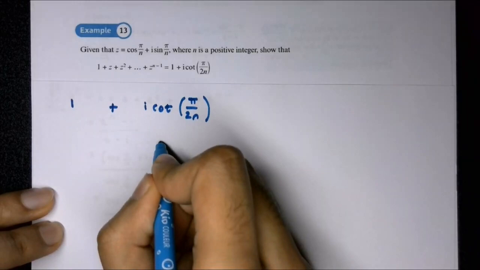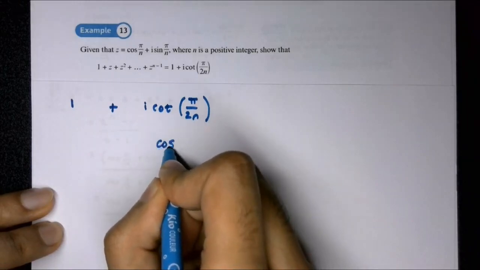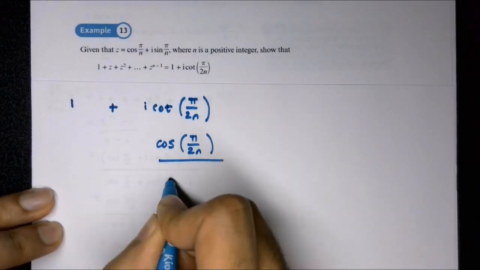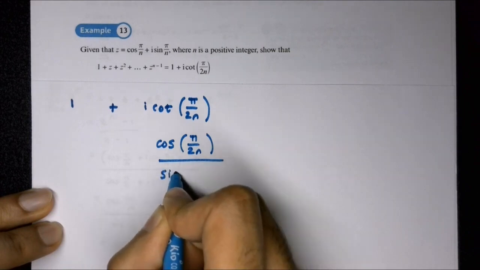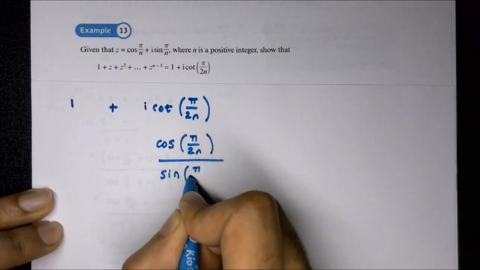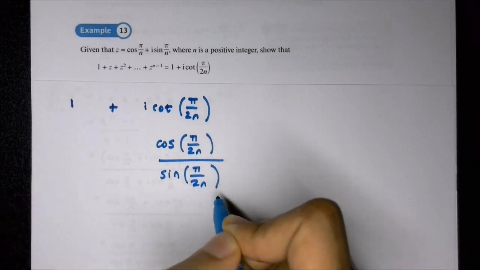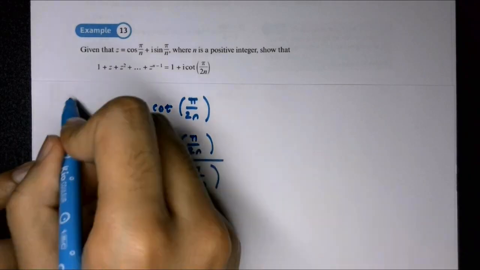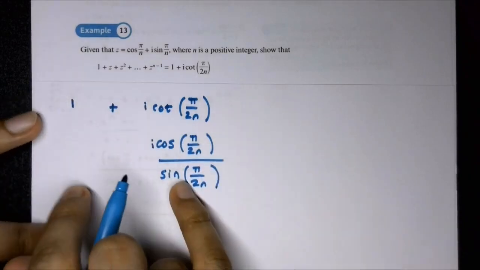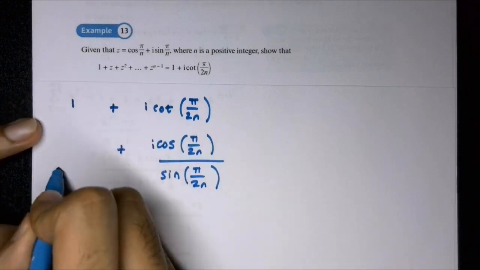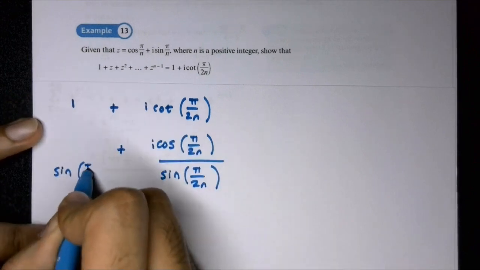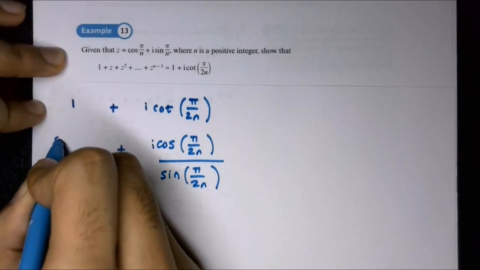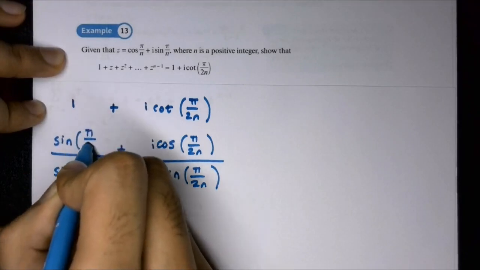So cot we're going to rewrite as cos of pi over 2n over the sine of pi over 2n. And don't forget, we still have the i over here. And we can rewrite the 1 so we've got the same denominator. So if we do that, on the bottom we've got the sine of pi over 2n, and on the top we have sine of pi over 2n.